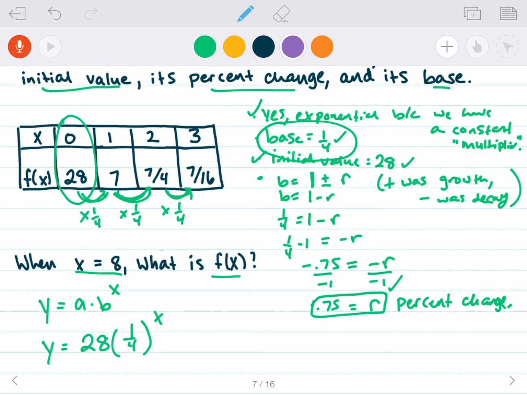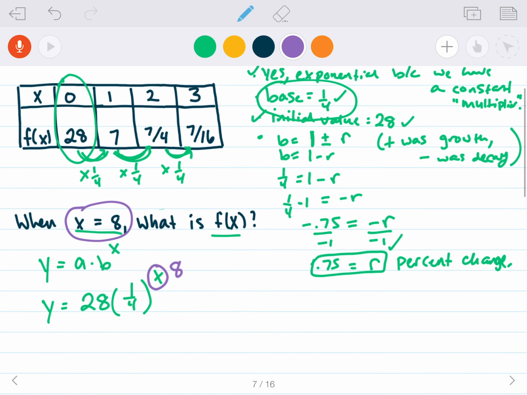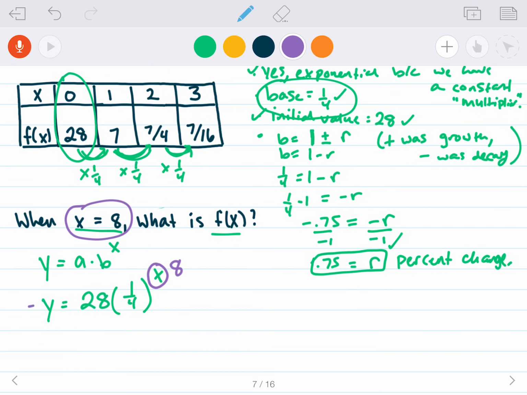And we want to know what is f of 8. So if I plug in 8 into my function, what do I get for f of x? Maybe I should have called this f of x. So we get f of x is equal to 28 times 1/4 raised to the 8th. And if I put that in my calculator, okay, I'm getting a small number.